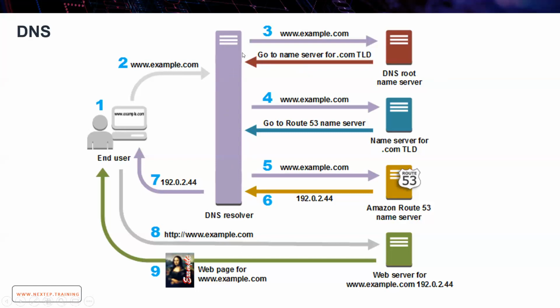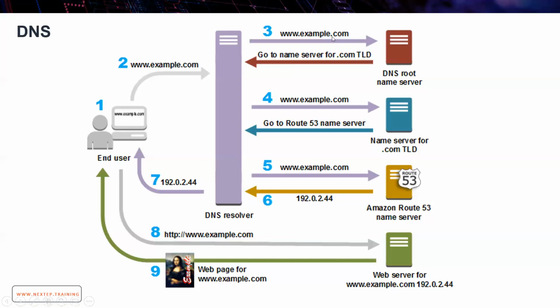It will ask, hey, do you have the IP address for netflix.com? Based on the top level domain, if it is .com, it will respond back saying that I don't know the IP address of example.com or www.example.com, but I know who knows the answer for it.